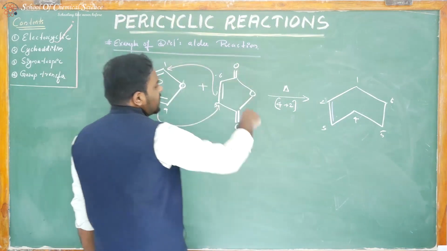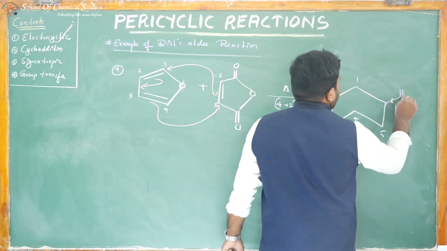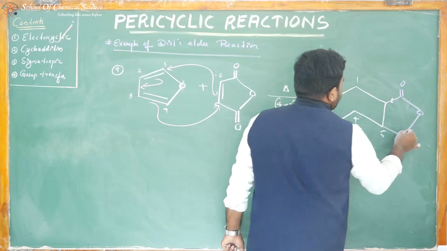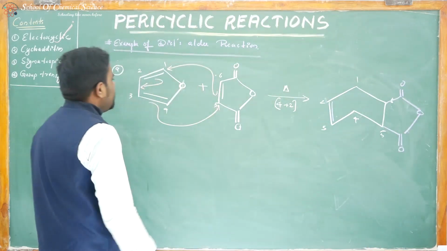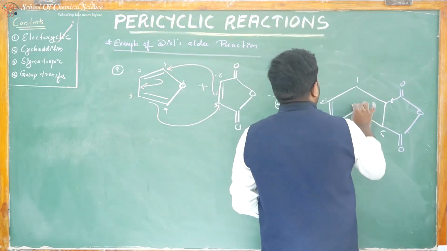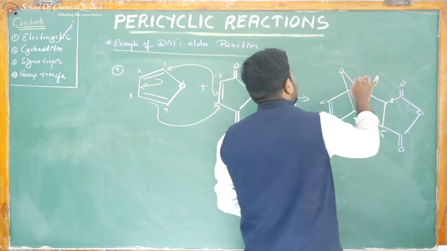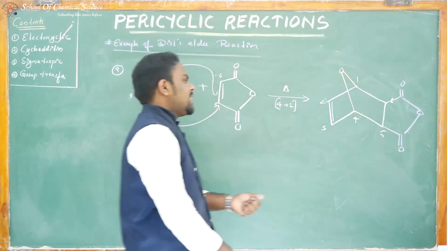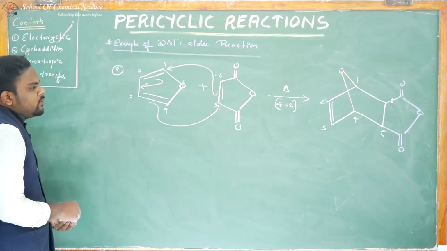Between 6 and 5 is the remaining portion of maleic anhydride. Then between 1 and 4 an oxygen bridge is present, carbon number 1 and 4. So that's your product.